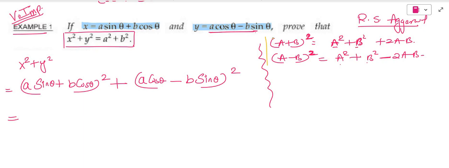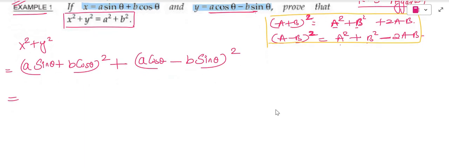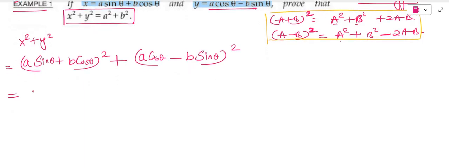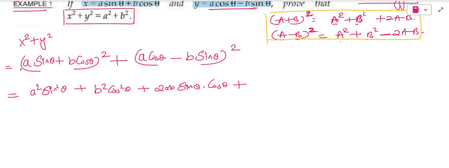So like this, actually there are three terms. Okay, this is the formula. So whenever you are doing solution, you are supposed to explain the formula. Okay, here it will be a square sin square theta plus b square cos square theta plus 2ab sin theta cos theta plus, ठीक है, ये फर्स्ट वाला हो गया स्क्वायर, ये फर्स्ट वाले का स्क्वायर क्या हो गया, ये वाला term till here.